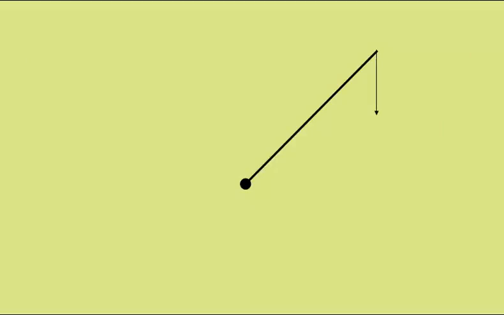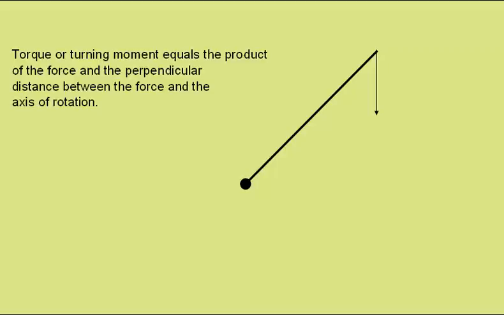To work out the moment of inertia of a body, we need to understand torque. Torque, or turning moment, equals the product of the force and the perpendicular distance between that force and the axis of rotation. So here we have a bar which is pivoted at this point here, and a force F acts at this point.